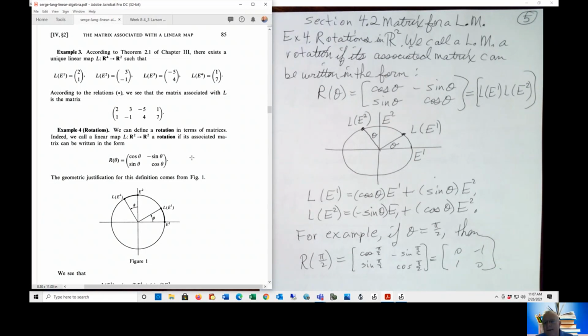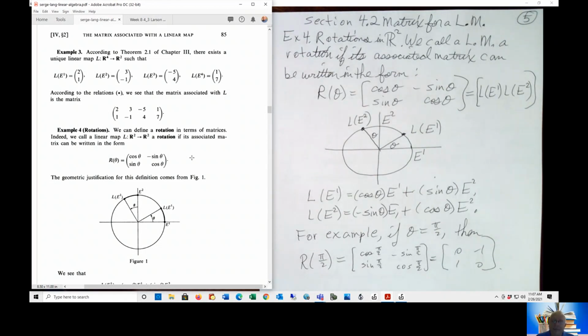So we see that L of E1 is cosine theta E1 plus sine theta E2, and then L of E2 is negative sine theta E1 plus cosine theta E2.